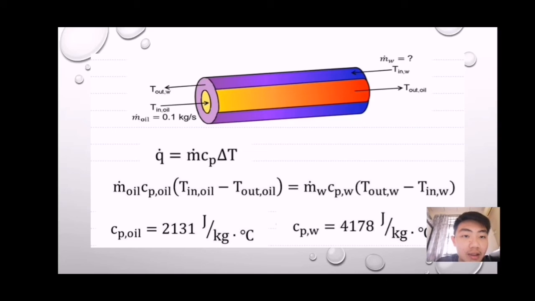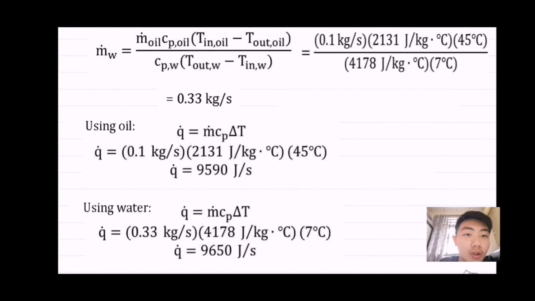Besides that, the specific heats of oil and water are also given. For oil it is 2131 joules per kilogram degree Celsius. For water it is 4178 joules per kilogram degree Celsius. Since we know all the data, we just have to do simple math, and finally we get the mass flow rate of water, which is 0.33 kg per second.